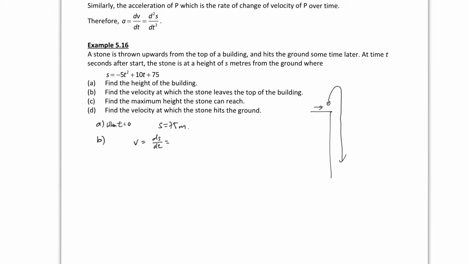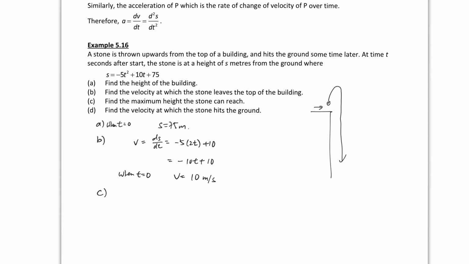Remember, the base is equal to t, so I can differentiate directly. I do not need to apply the chain rule because the variables are equal. So this is equal to negative 10t plus 10, and when t is equal to 0, v is equal to 10 meters per second.